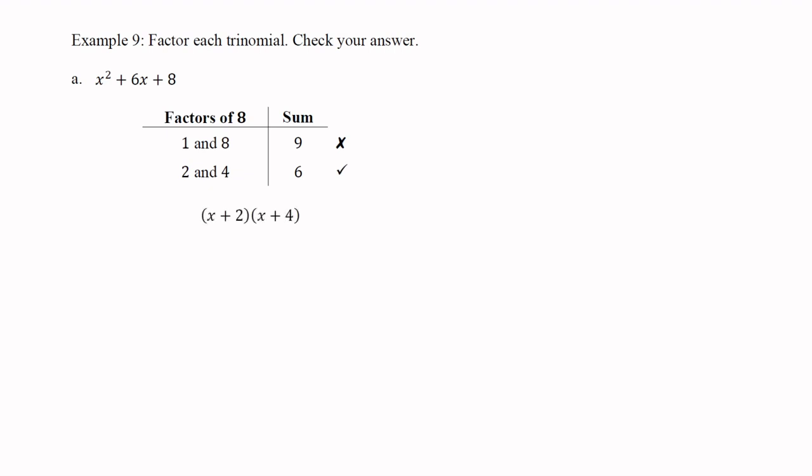So therefore, we can factor that trinomial into x plus 2 times x plus 4. Now, of course, you can check this by multiplying those two binomials back together, using the FOIL method and simplifying, and that does return us to our original problem. So this is a factored form of your trinomial.